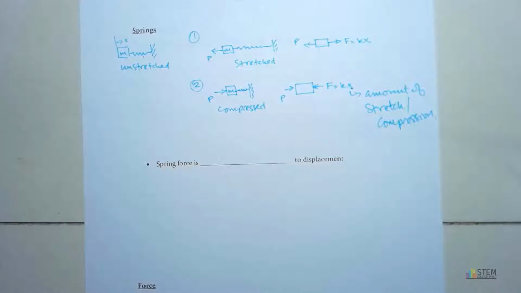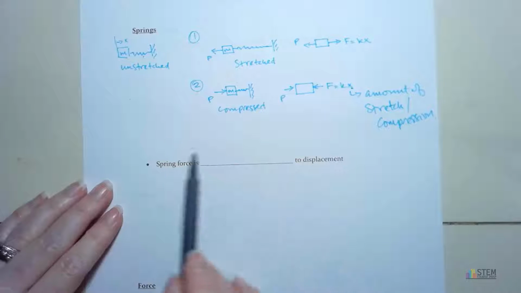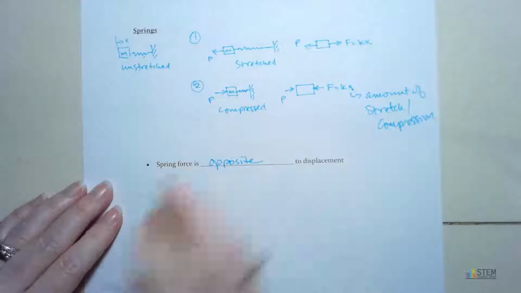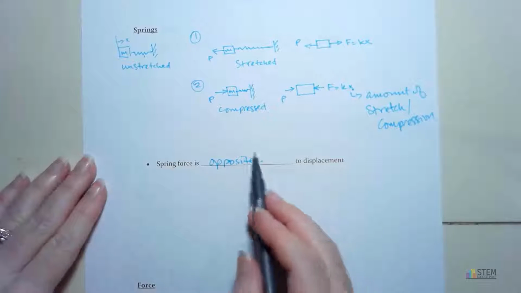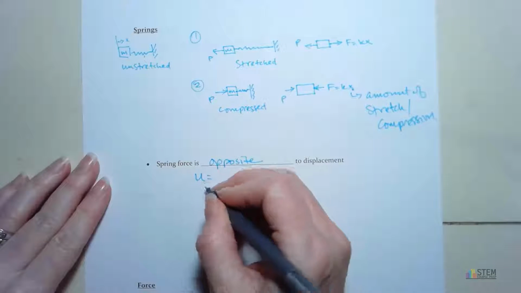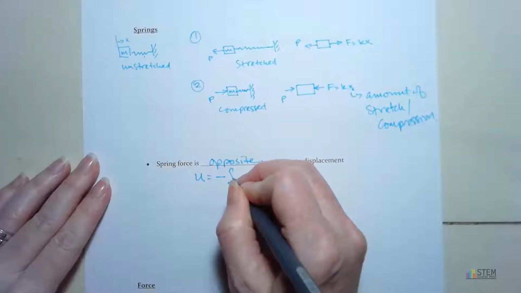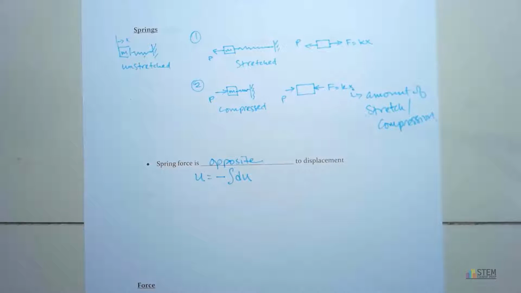All right, so now we got that. And remember, just as a note here, the spring force is going to be opposite the direction of displacement. Okay, so since it's opposite, if we look at our work equation, U, which is work, is going to be negative times the integral of dU. All right.